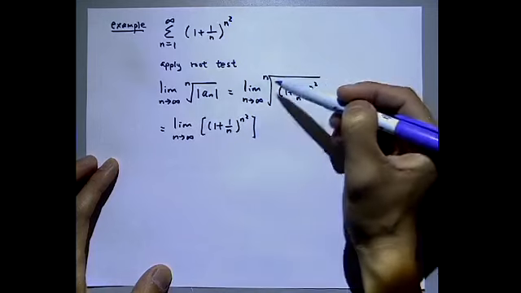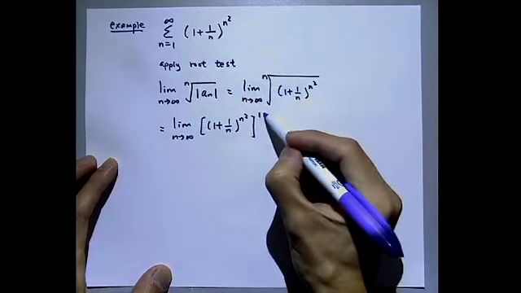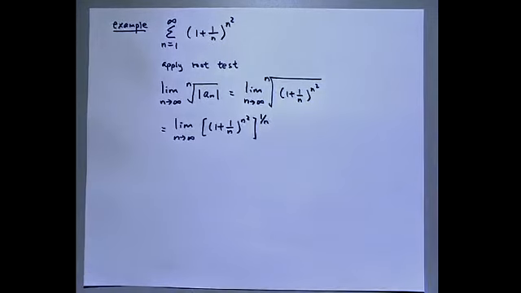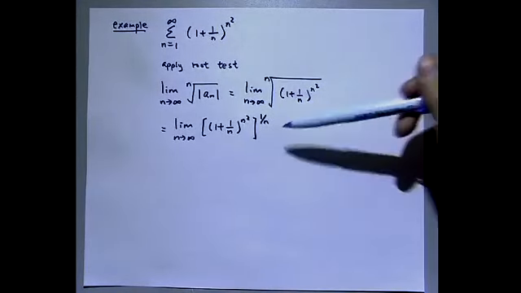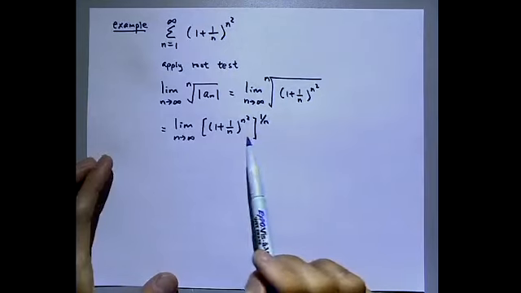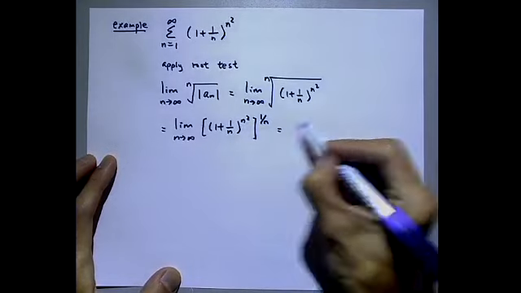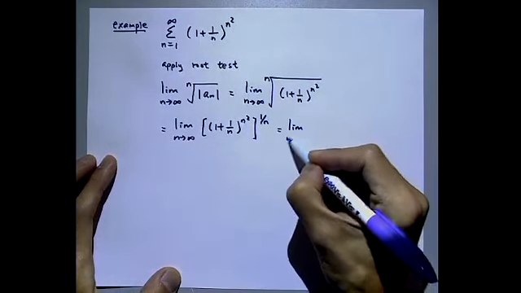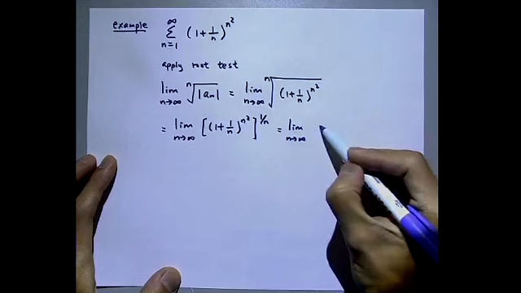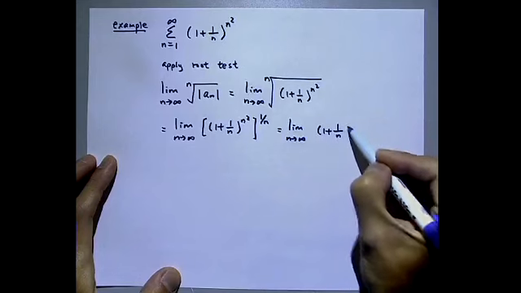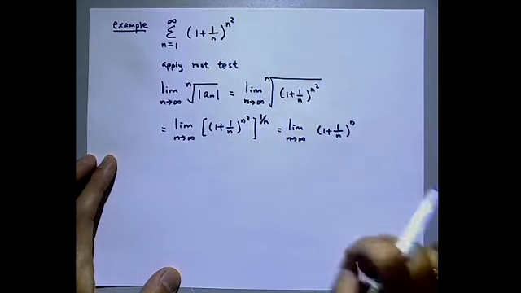And you can interpret the nth root as the power raised to 1 over n, right? Square root is 1 over 2, so nth root is 1 over n. And this way, the n squared and 1 over n will reduce. And we get this thing right here.